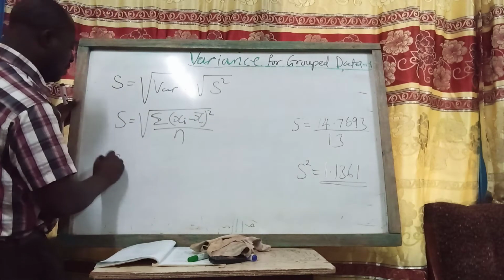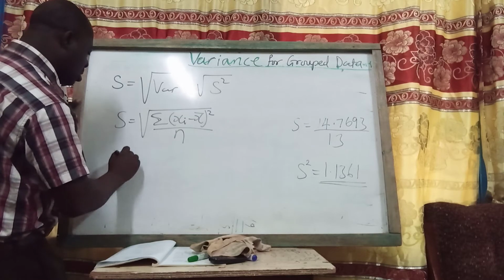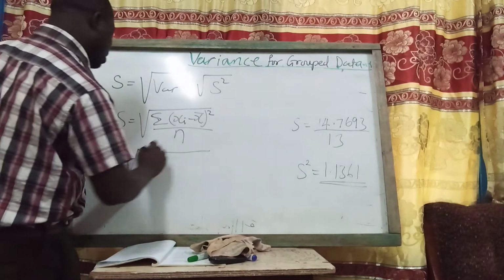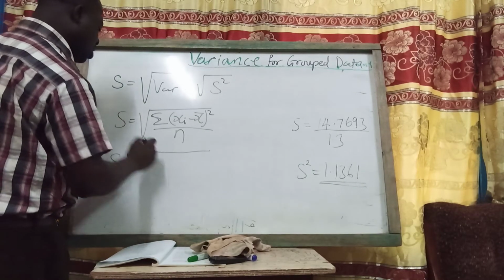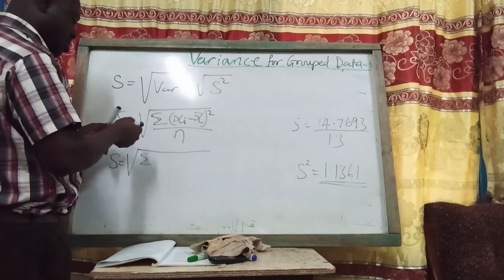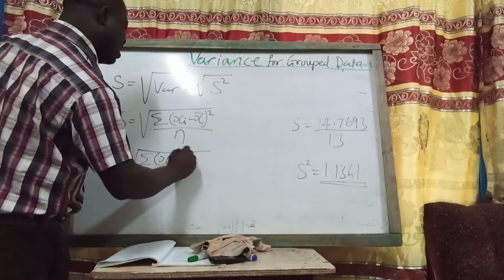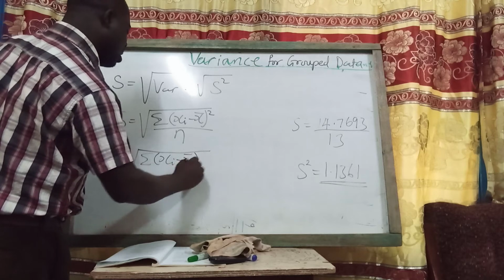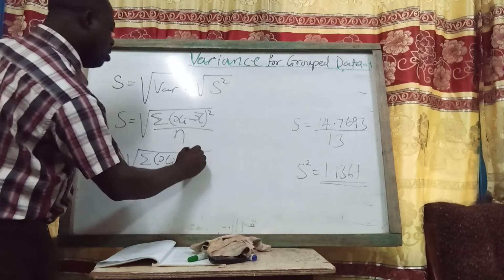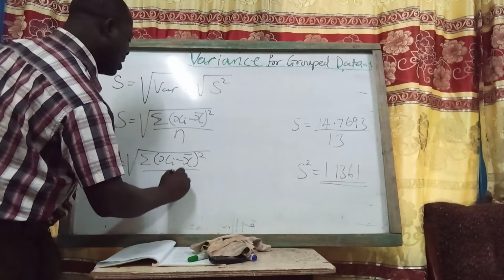It can also be given as the square root of summation xi minus x bar, all squared, over n minus 1.